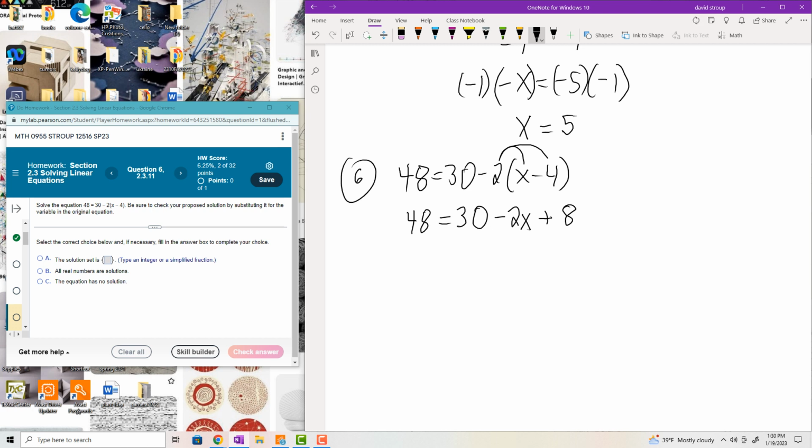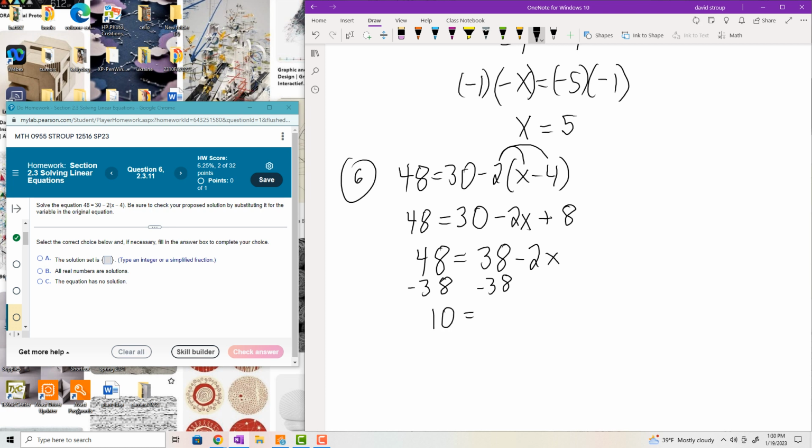Once I've distributed, I'm going to combine like terms on the right side. So I'll have 30 plus 8 is 38. And then finally, I need to isolate the variable term, so I'm going to move the 38 over. 48 minus 38 is 10.